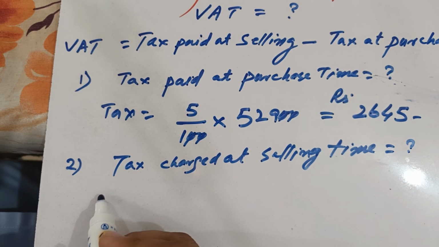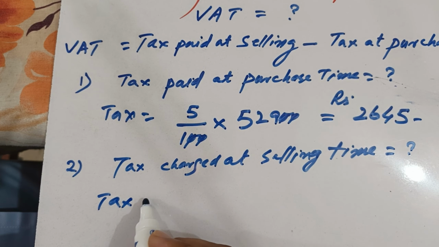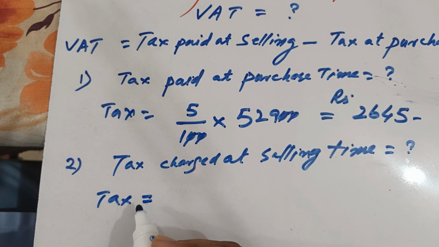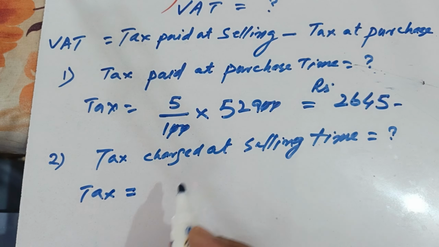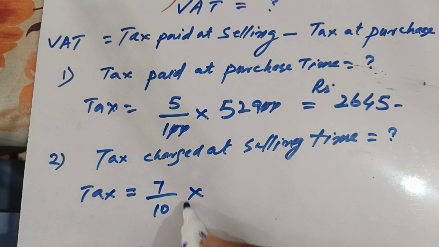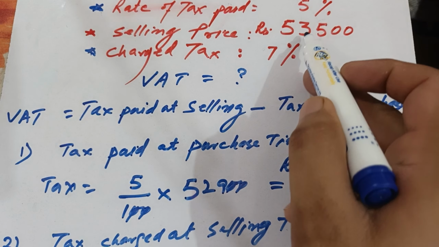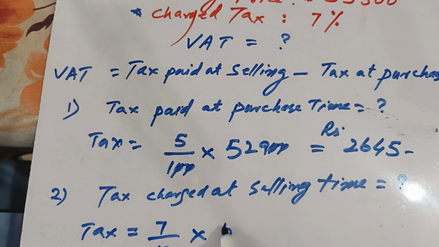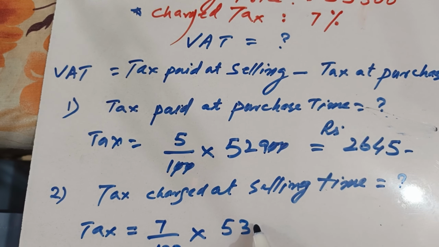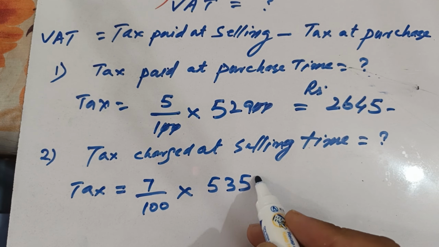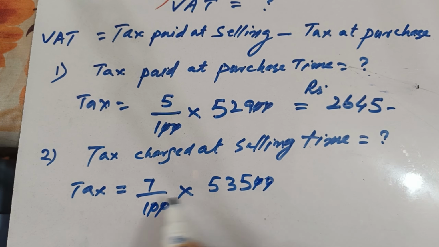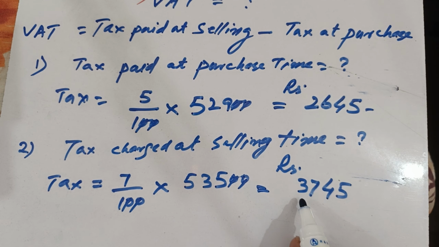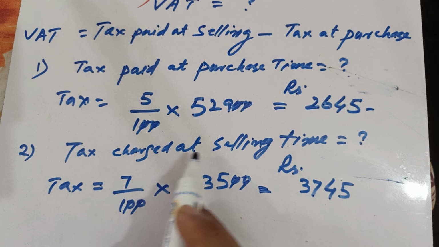This tax will be 7% of 53,500. We can cut off these two zeros, and we have 7 multiplied by 535, which is 3,745. This is the tax charged at selling time.